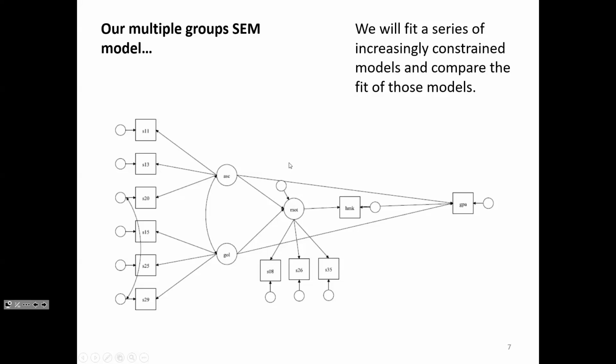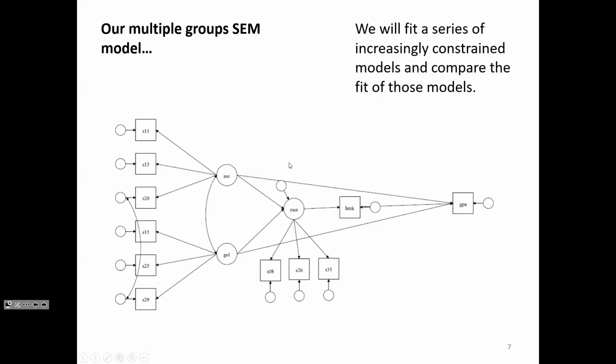Got it. So you don't need to put in the line about the intercepts being held equal. I think I discovered that myself and got rid of them.